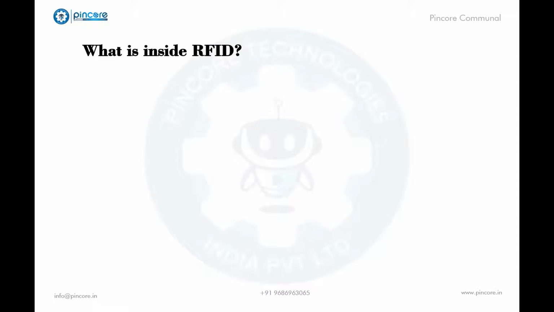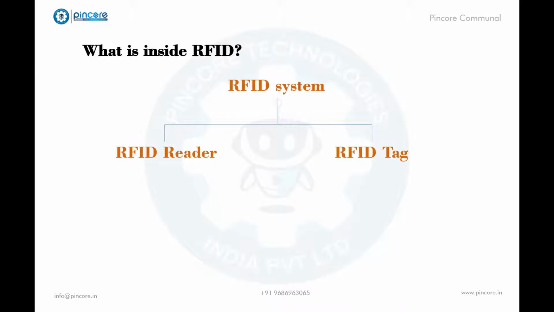Now let's see what RFID contains. It basically contains readers and tags, as seen before. These readers can have different frequencies of operation: low frequency, high frequency, and ultra high frequency.